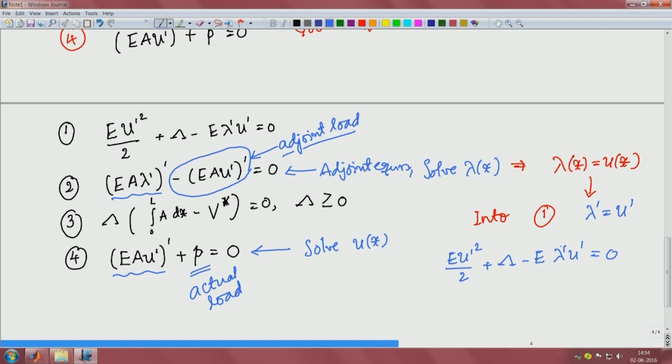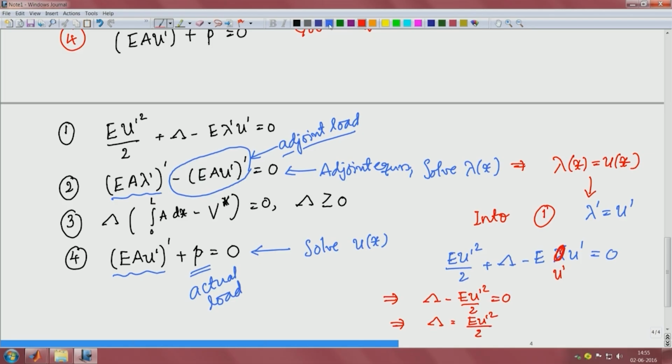So, let us replace this lambda prime with u prime. Then we get u prime square here: here we have u prime square by 2, here u prime square. Overall what we get now will be lambda minus E u prime square by 2 is equal to 0, or lambda is equal to E u prime square by 2.